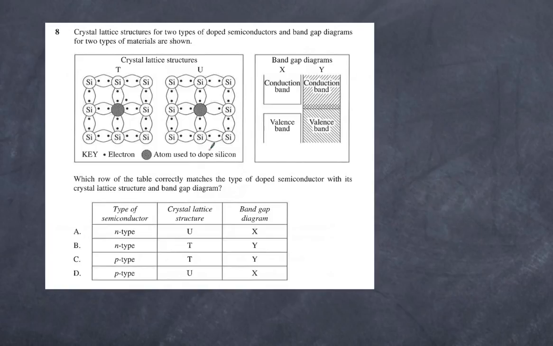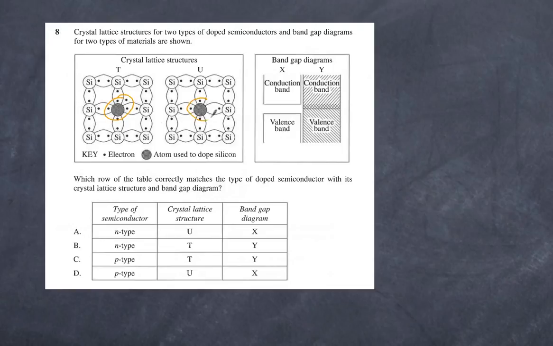Question number 8. Crystal lattice structures for 2 types of doped semiconductors and band gap diagrams are shown. You have to determine which one is going to be an N-type or a P-type, and we're looking at the band gap diagrams. If we have an N-type, we have a valence of 5 as our dopant, and if you look very carefully, we have 5 here.